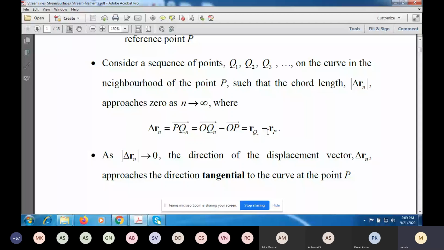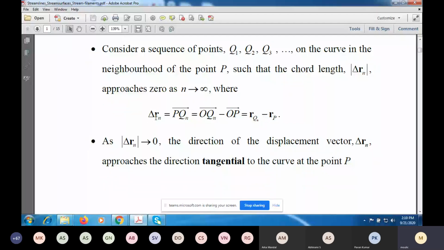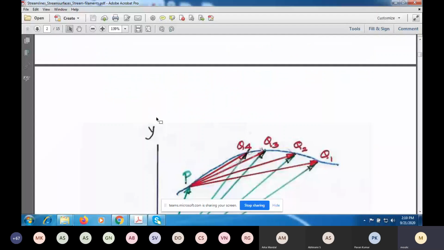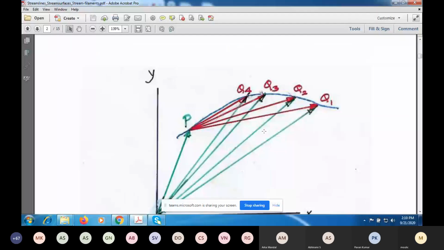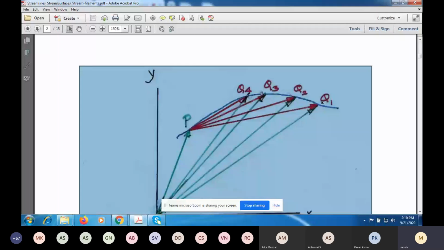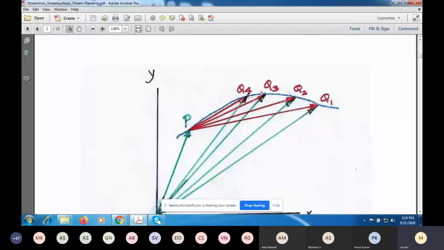So the length of this vector delta Rn is the chord length between P and say Q1 or P and Q2 and so on. So I've taken a point P which is fixed. Okay, I've started another point far away from it, Q1, and then I'm taking a sequence Q1, Q2, Q3 and so on, such that the length of the chord keeps on decreasing.